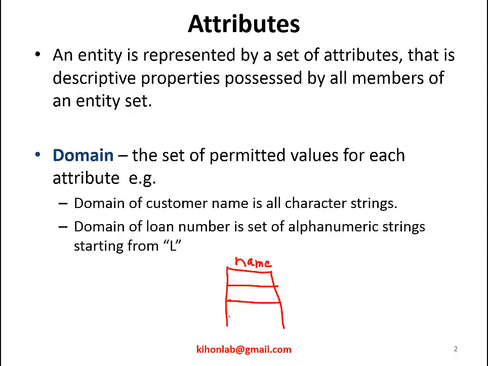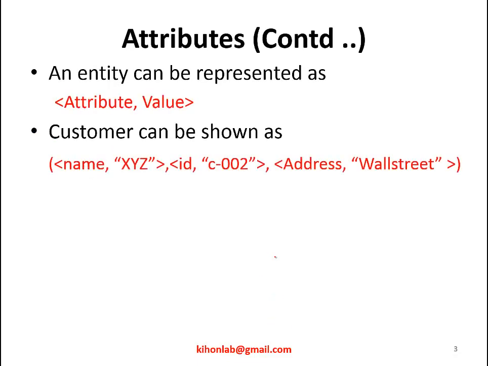Whatever DDL statement you have written about this attribute, the whole column, with respect to each record, will accept the same value. The domain of customer name is all character strings, and the domain of loan number is the set of alphanumeric strings starting from L. So all the column values will accept the same domain or data type that you have described in the data definition language.